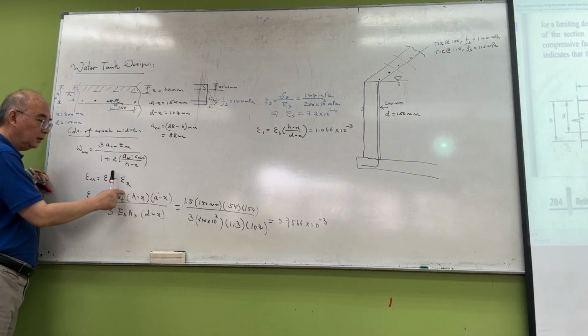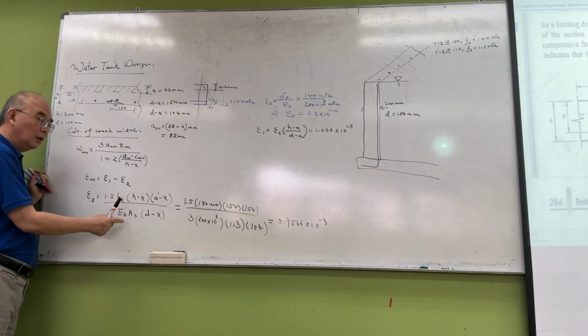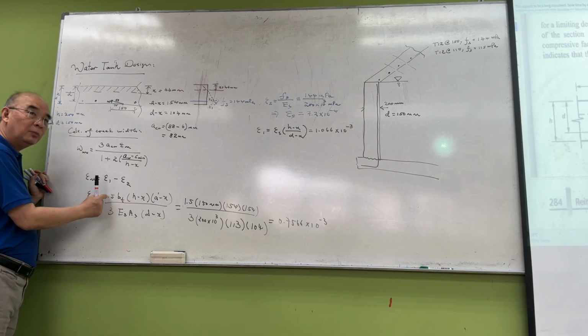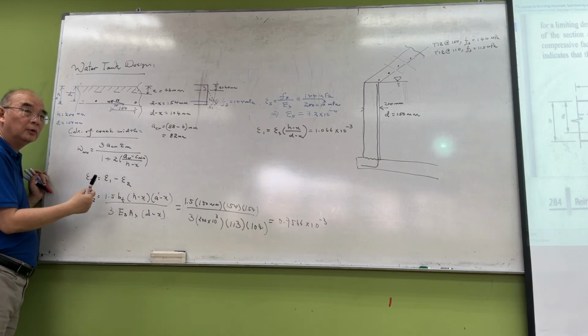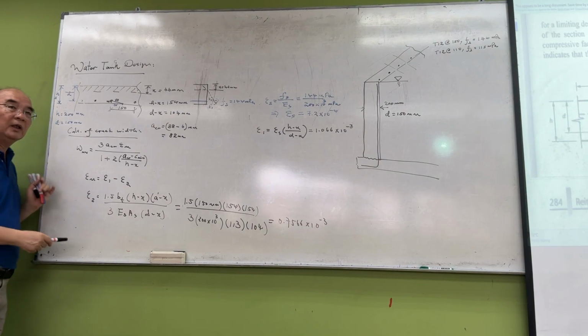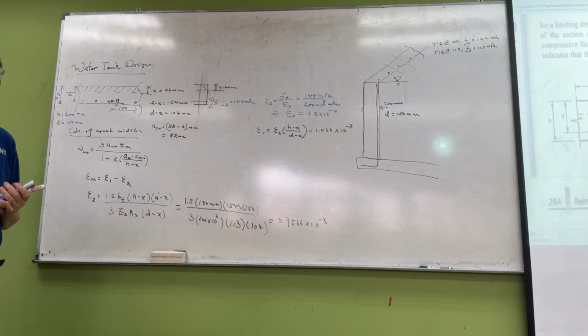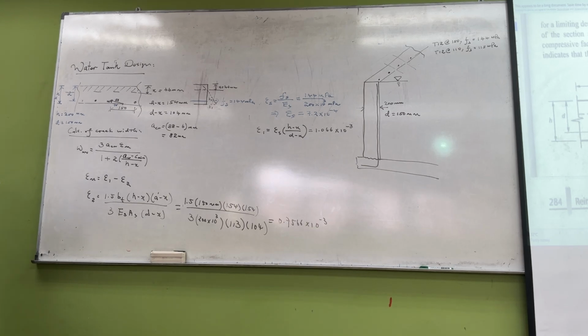And here is millimeter square, so this one also cancels out. Es is in MPa. This 1.5 is actually 1.5 MPa. They didn't show you what they are. This 1.5 is actually the concrete tensile strength that they are assuming. Okay. Understand?